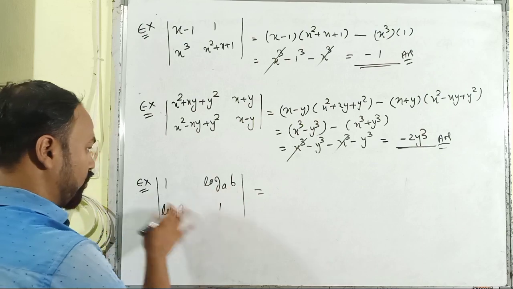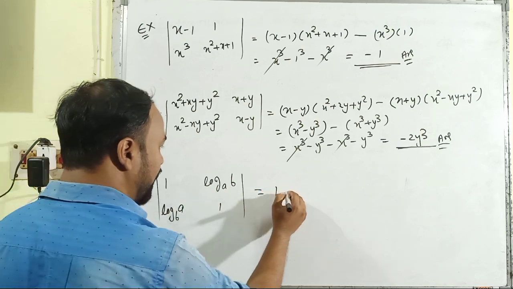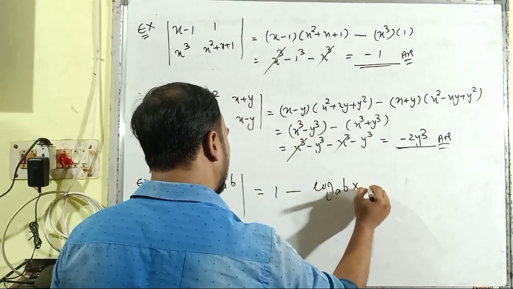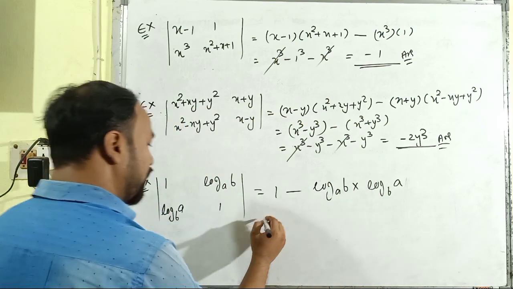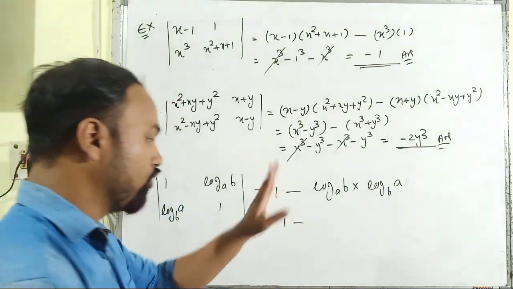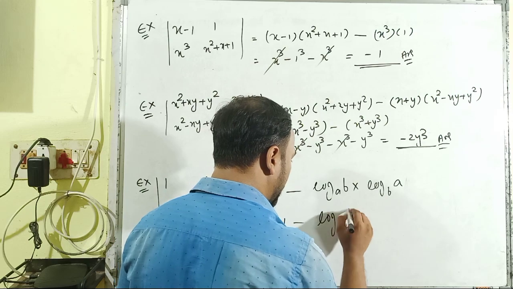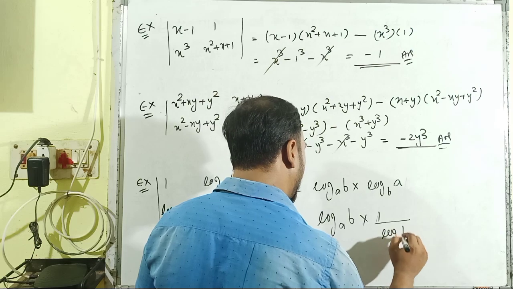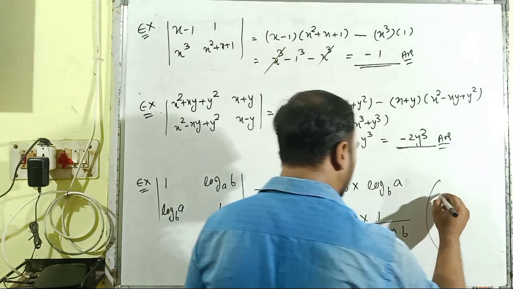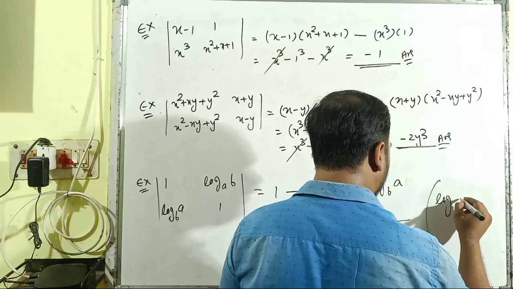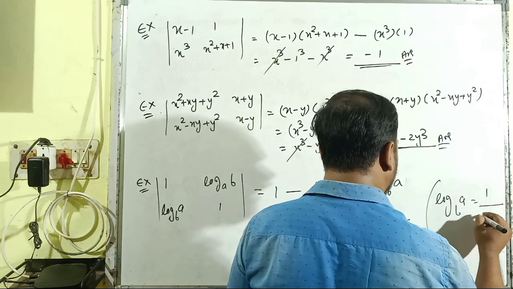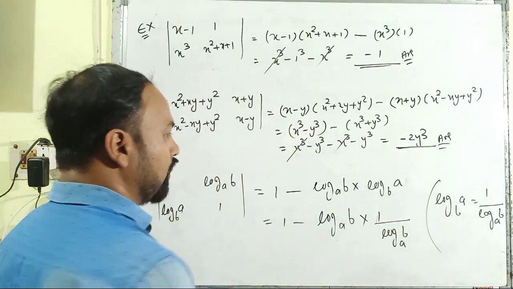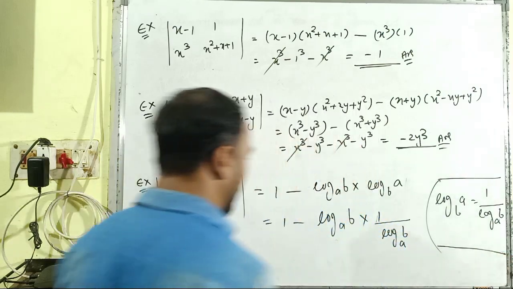Just according to the procedure, multiplication of main diagonal elements, it is 1 into 1, it is 1, then minus log A base B multiplied with log B base A. Then it is 1 minus, according to the properties of logarithm, we can put here in the second term 1 upon log B base A, because we know that log A base B is equal to 1 upon log B base A. Here it is a property according to the properties of logarithm.